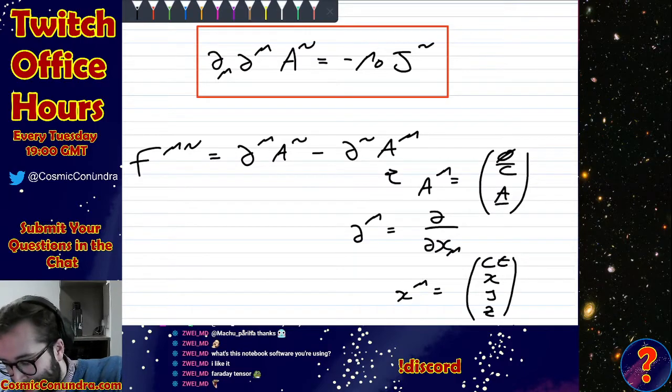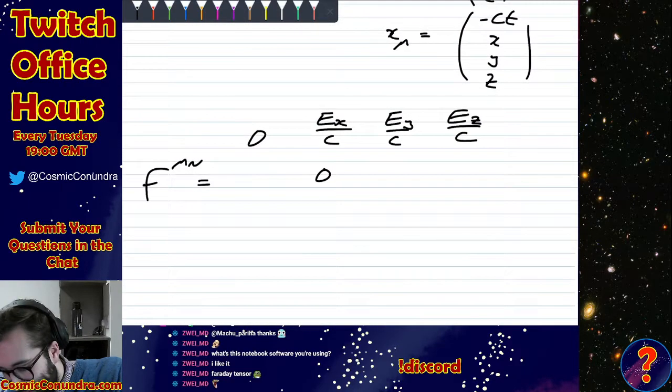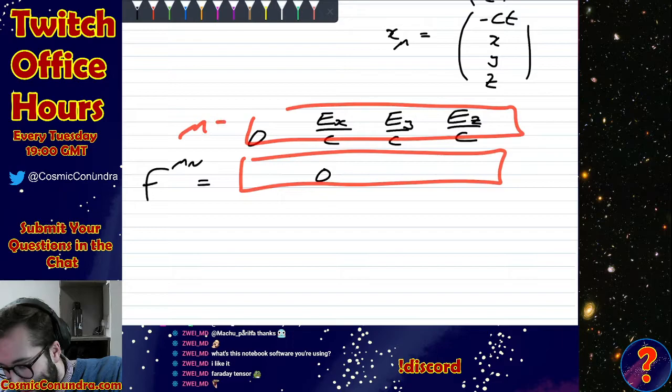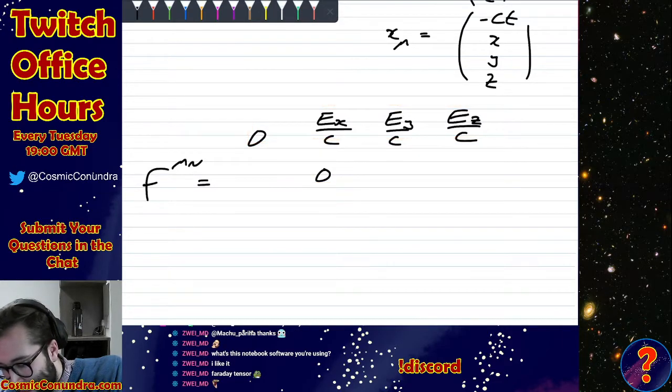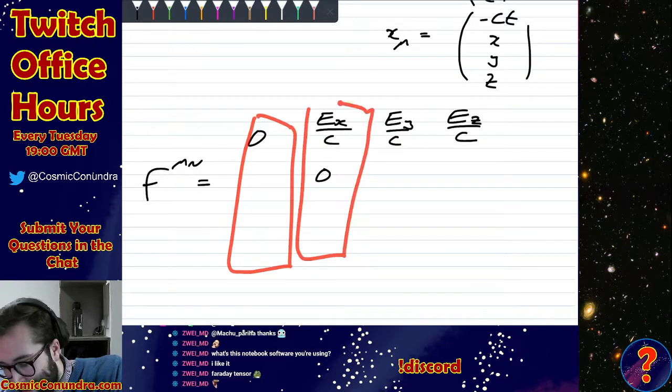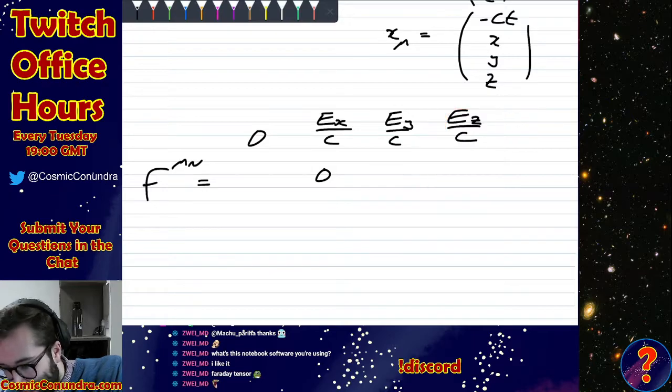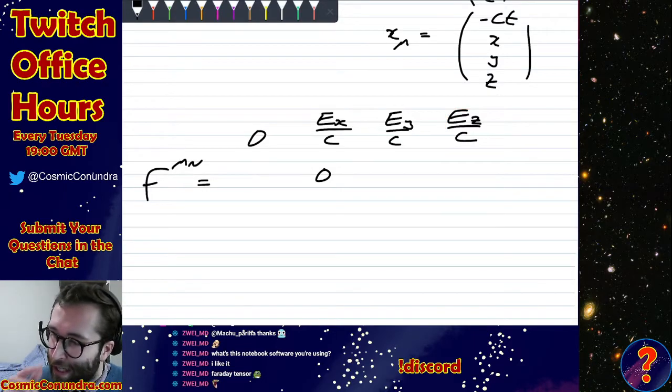Okay, so mu here is labeling which row I'm looking at. So this I'm going to call mu equals 0, this one will be mu equals 1, and so on. And nu is labeling which column I'm looking at. So this corresponds to the matrix being antisymmetric. And all antisymmetric matrices must have zeros along the diagonal.